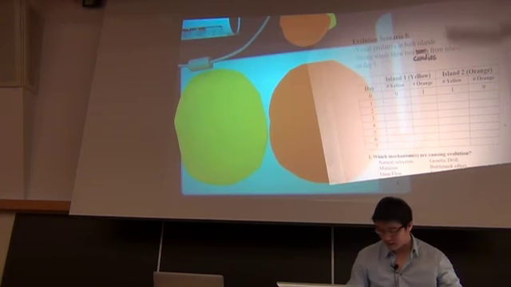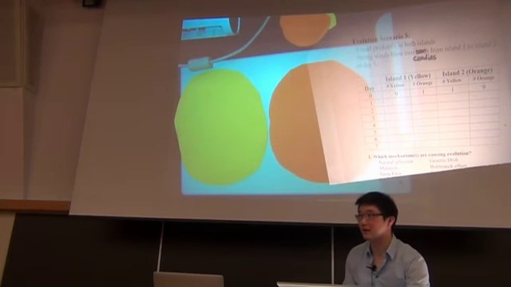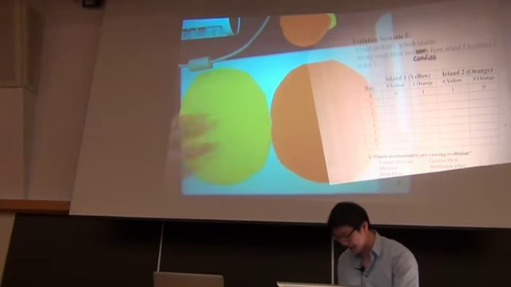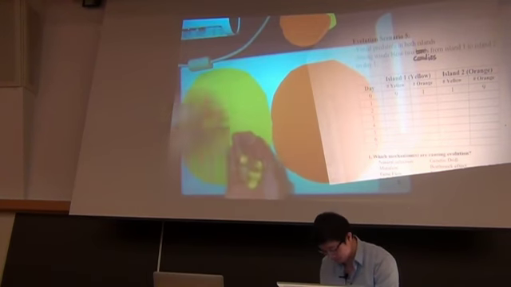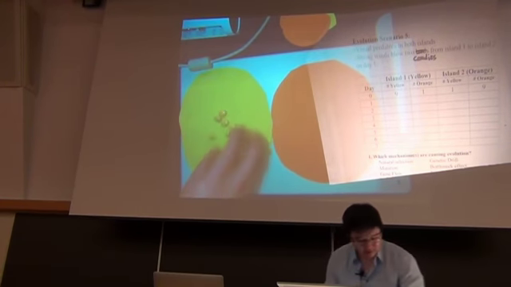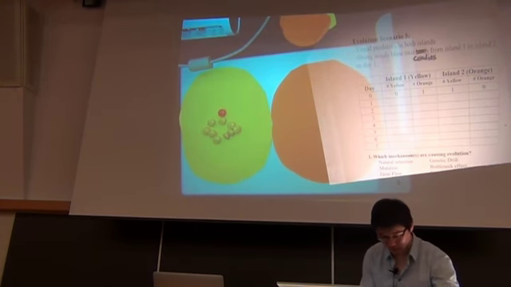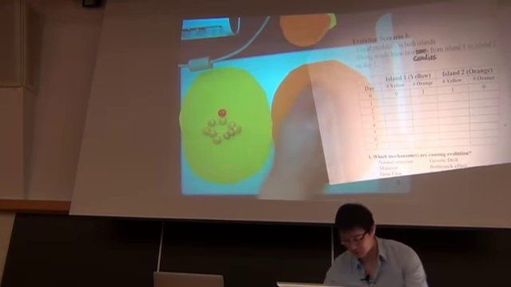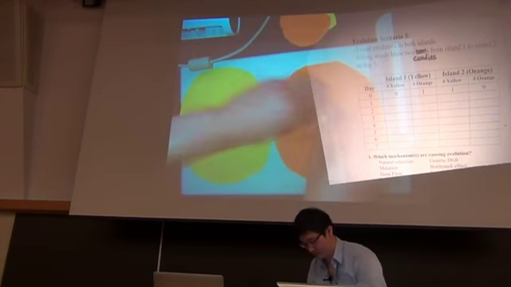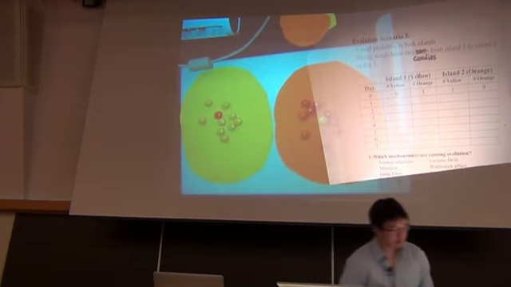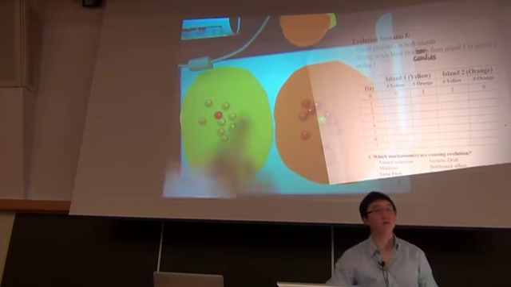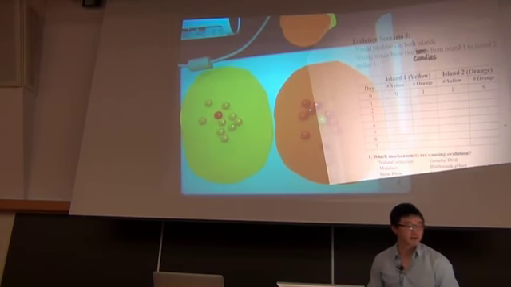So notice that in the yellow island, we have 1, 2, 3, 4, 5, 6, 7, 8, 9 yellow and 1 orange. In the orange island, we have 9 orange, 1 yellow. Okay, so natural selection has already made these populations fairly well adapted to their specific environments.